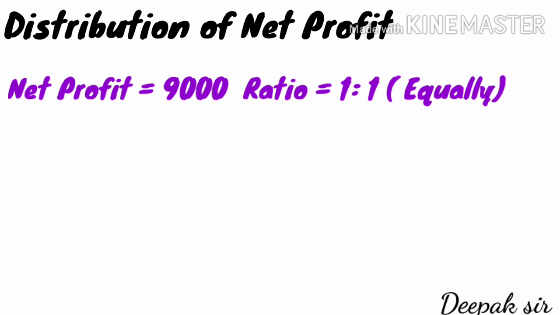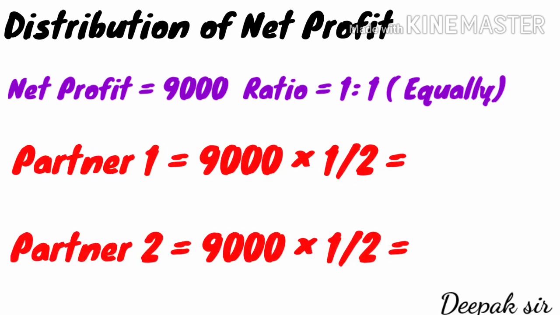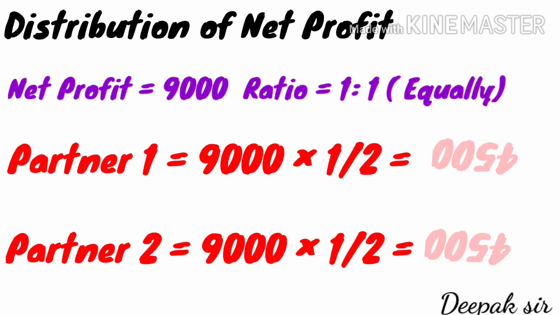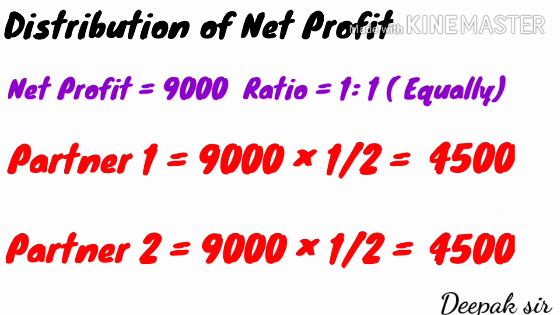If 9,000 we are dividing to both the partners in equal ratio, that means we have to divide the net profit into half. So the net profit will come to 4,500 for both the partners. So in the absence of the ratio, the net profit will be divided equally among both the partners.